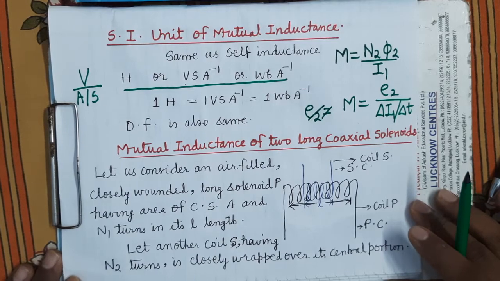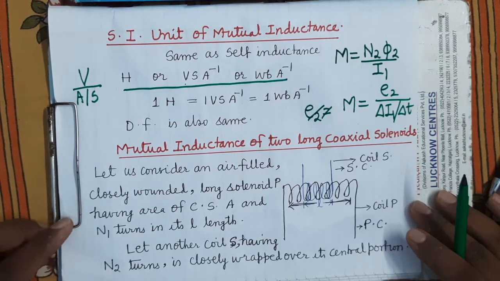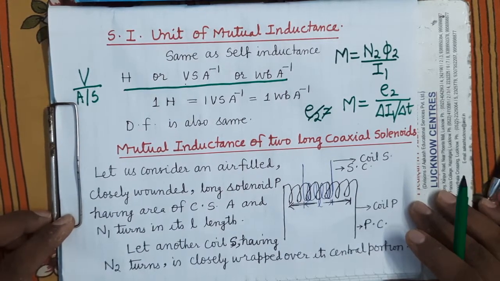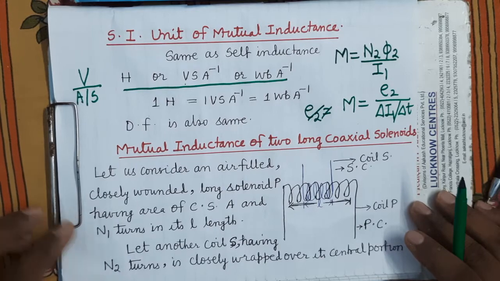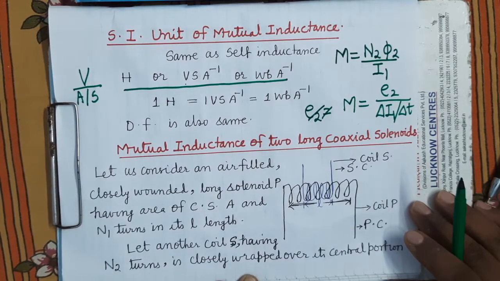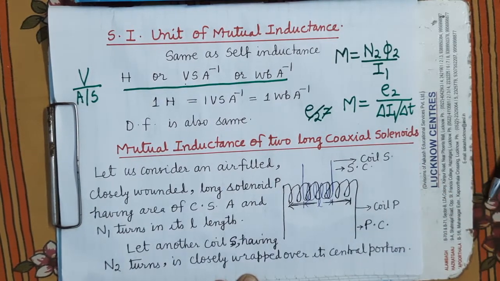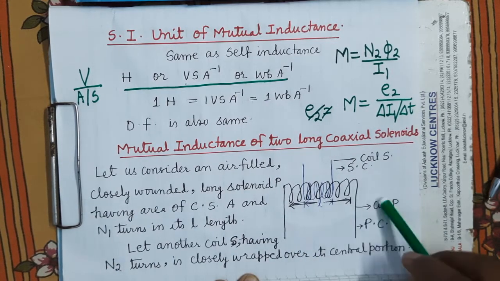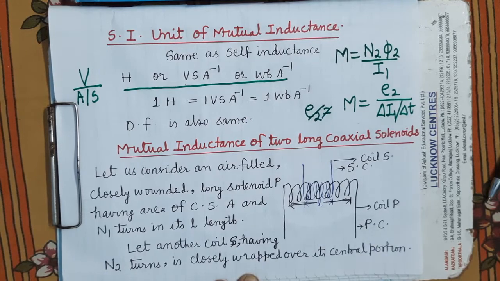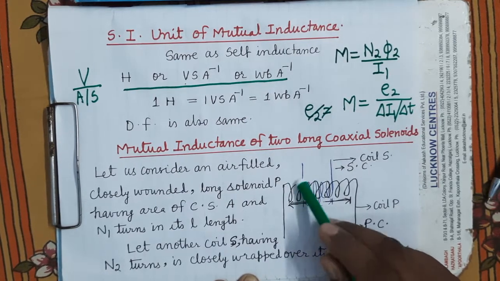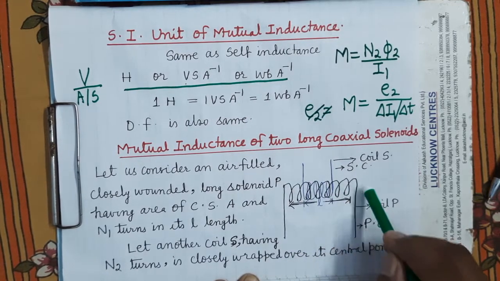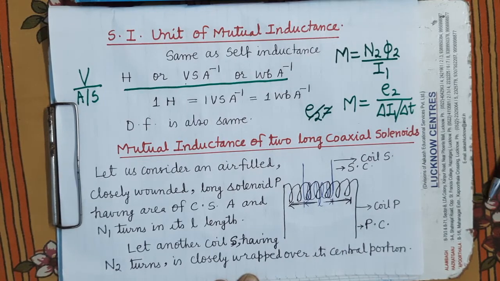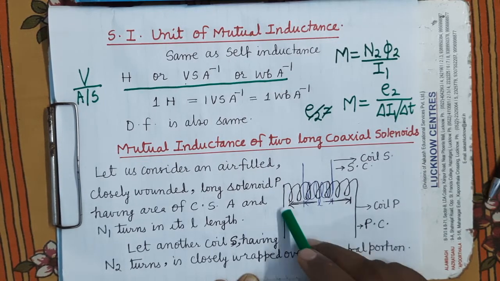Now here there is a derivation in your course: mutual inductance of two long coaxial solenoids. You can see here. Let us consider an air-filled, closely wound long solenoid P, which we have named the primary coil. Turns are very close together.